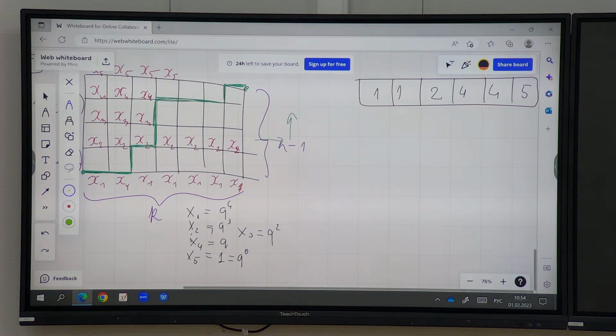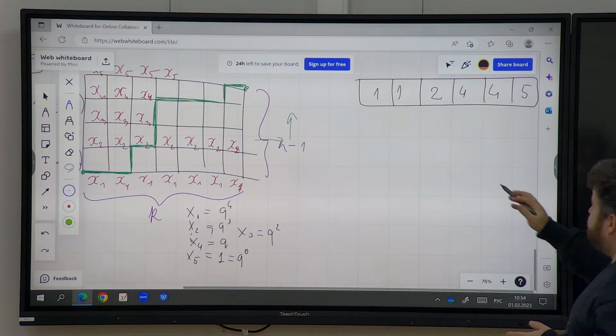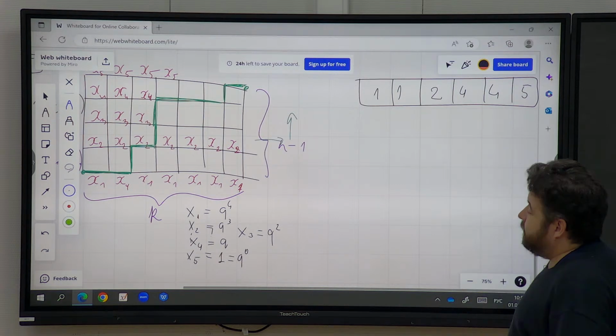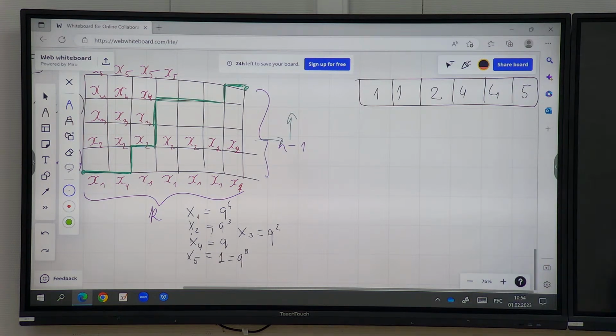And now what we're going to look at is, we're interested in all possible Young diagrams, not just of one row, but of arbitrarily many rows.